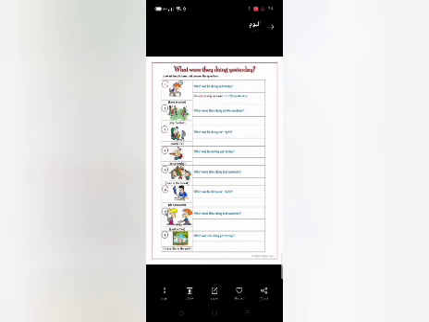Okay, guys, thanks for your great and excellent answers for this worksheet, which depends on the basic grammatical rule.